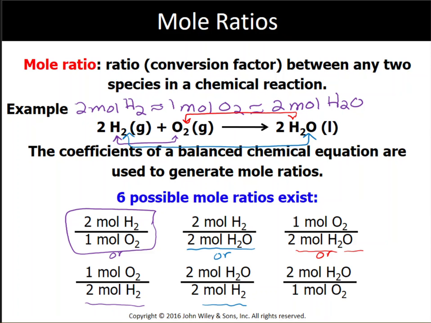And also keep in mind that the balancing coefficients represent molar ratios. That's extremely important. We can write the molar ratios as our conversion factor to figure out exactly how much of reactant and products we're gonna need for our experiments. So let's look at a couple of examples here.